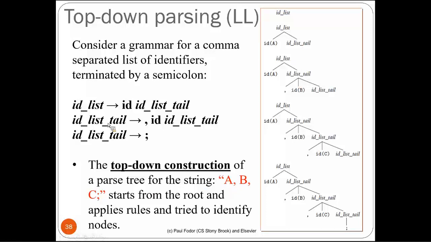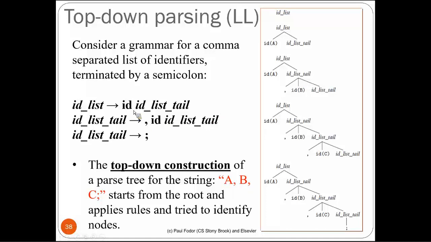Now we continue. ID list tail could be transformed into a comma ID followed by ID list tail, or semicolon. However, the next input symbol, that character or token that we have in the input string, is a comma. So we cannot use the second production rule. The comma identifies the fact that the first production rule is the only one that we can use.